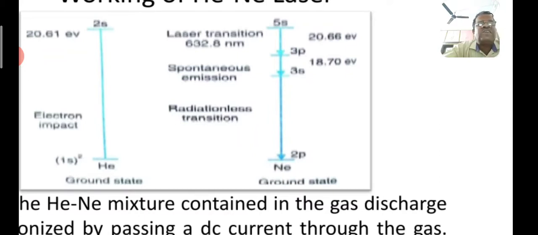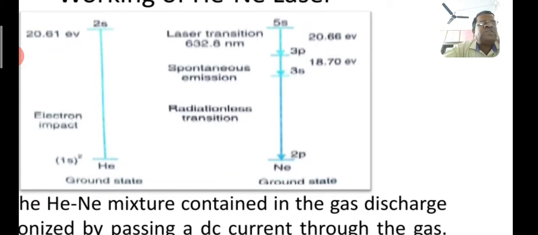This results in population inversion between the 5s and 3p states of neon. That is, there are more excited atoms in the 5s state compared to the 3p states. The purpose of the helium atoms is thus to help achieve population inversion in the neon atoms.